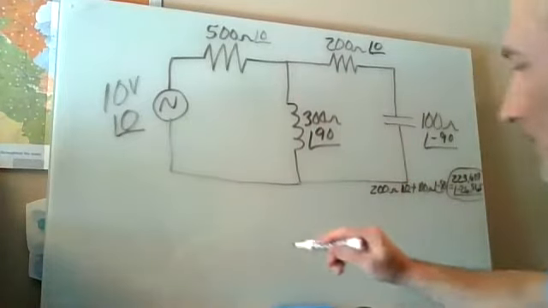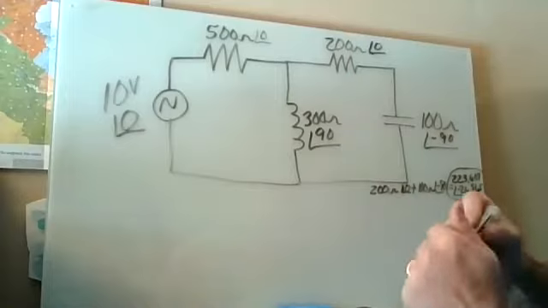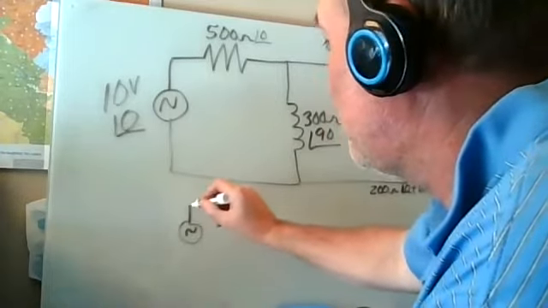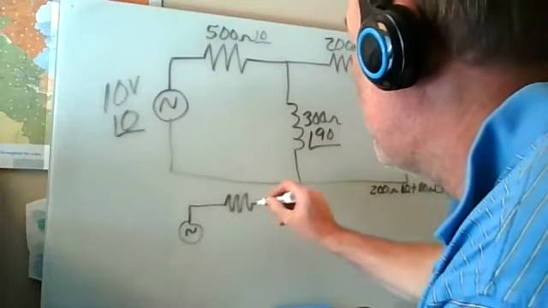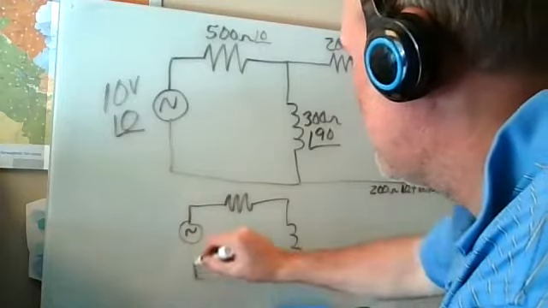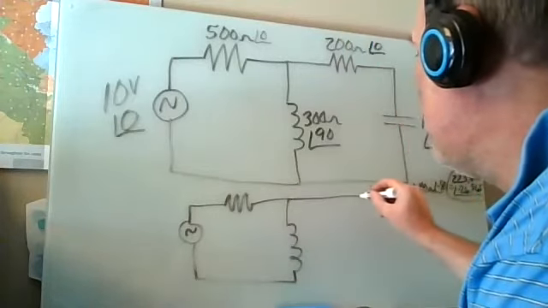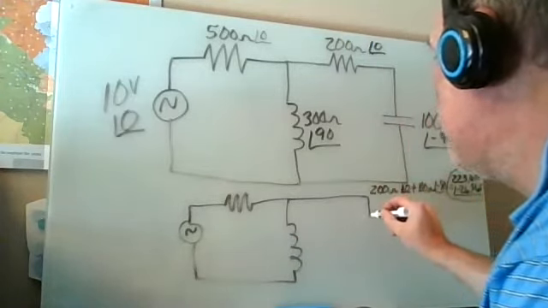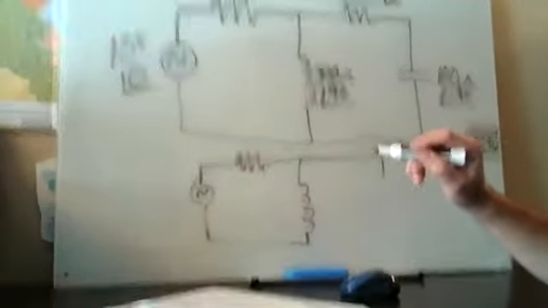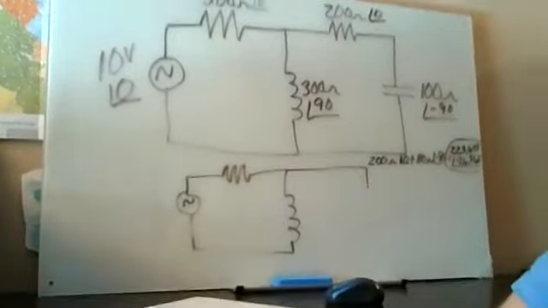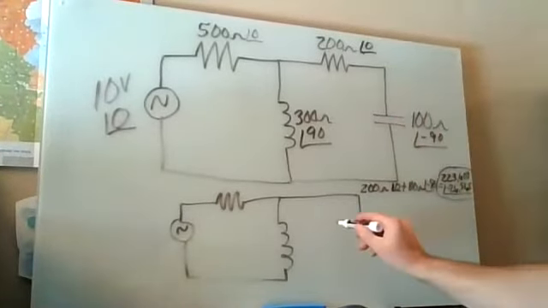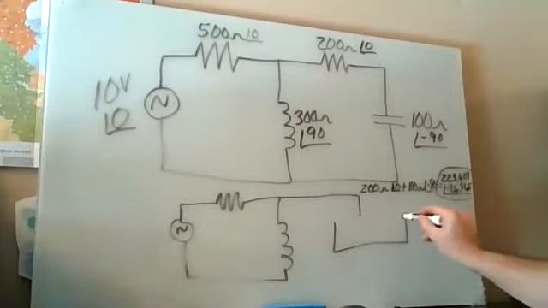Okay, so I'm going to redraw it. But this time, when I put it in parallel before, I just drew a resistor, right? Well, now that I'm in AC, I don't have the same components here, so I'm just going to put it in a box.